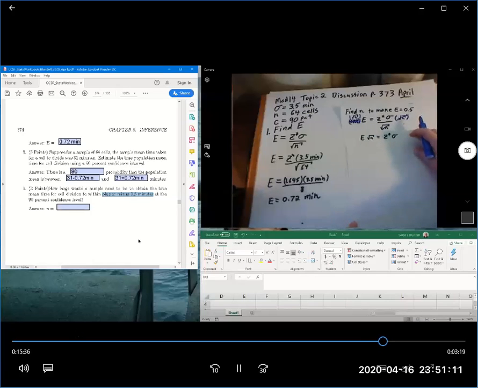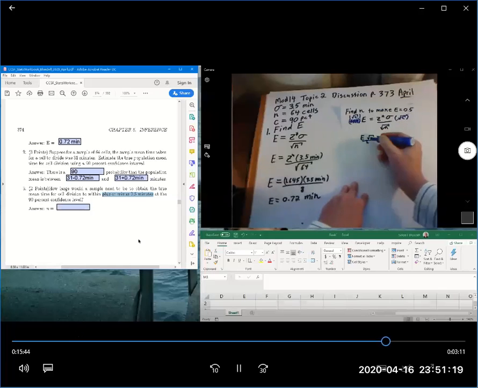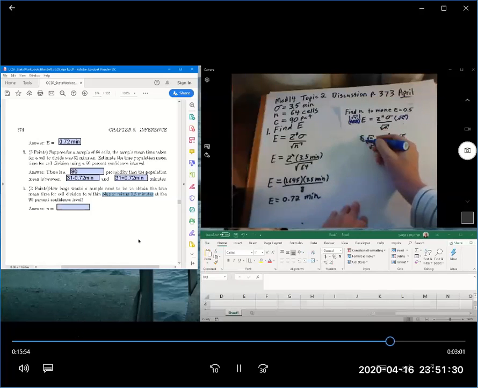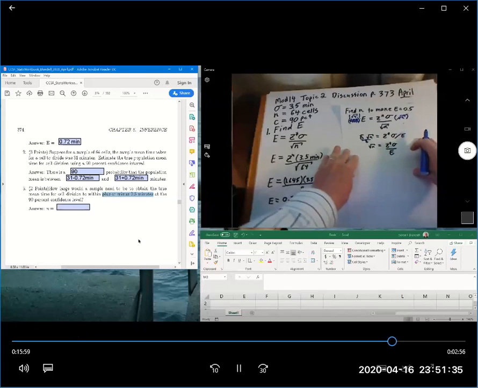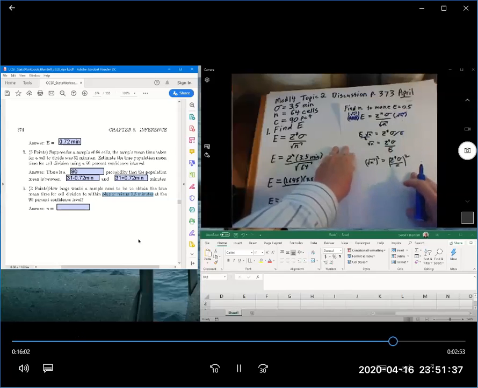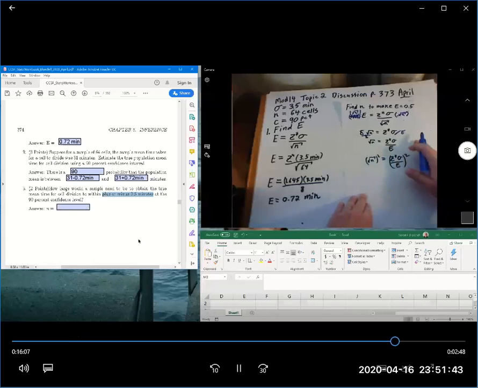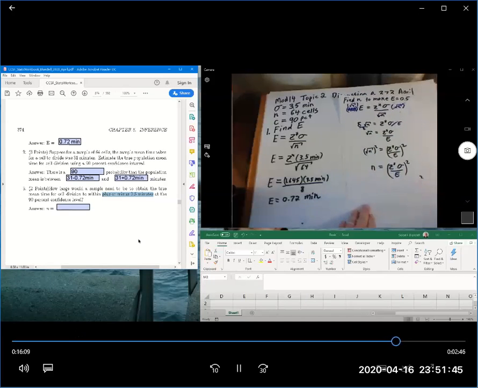I'm still trying to get the n by itself. So I'm going to divide both sides by E. So I'll come to the square root of n is z star times sigma over E, because these canceled. I don't want the square root of n, I want n itself. So I'm going to square both sides. And when I square the square root of n, that's just n. So there you go.